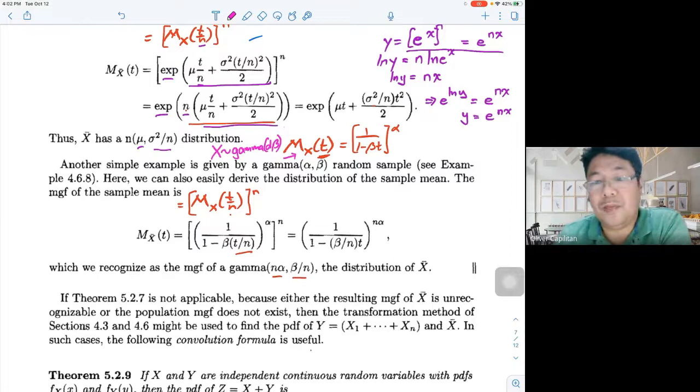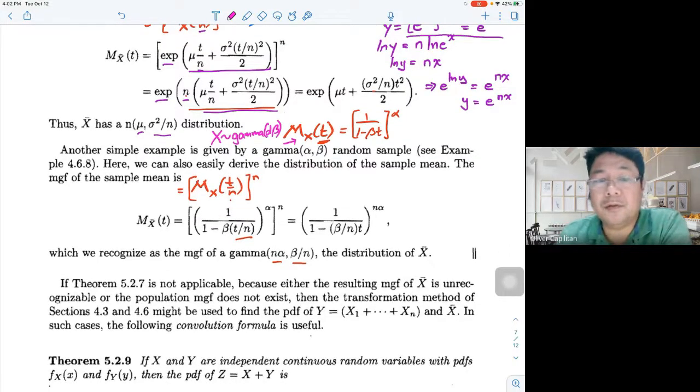So for this particular family of distributions, let us now try to find the distribution of our sample mean. Using the MGF technique, the moment generating function of the sample mean evaluated at t, using our result in the previous theorem, is equal to the nth power of the moment generating function of x evaluated at t over n.